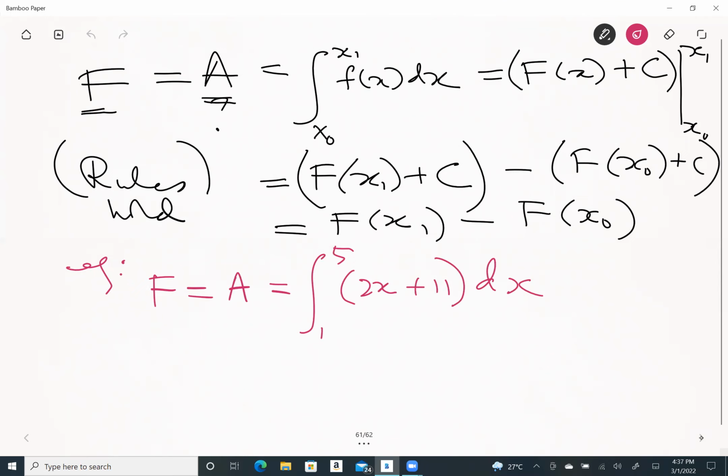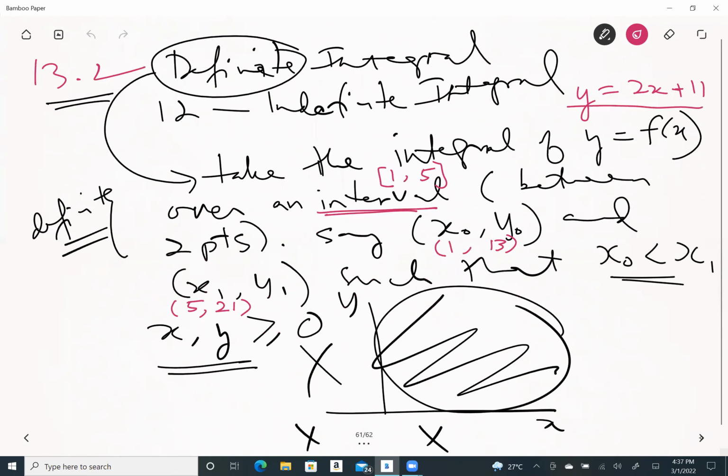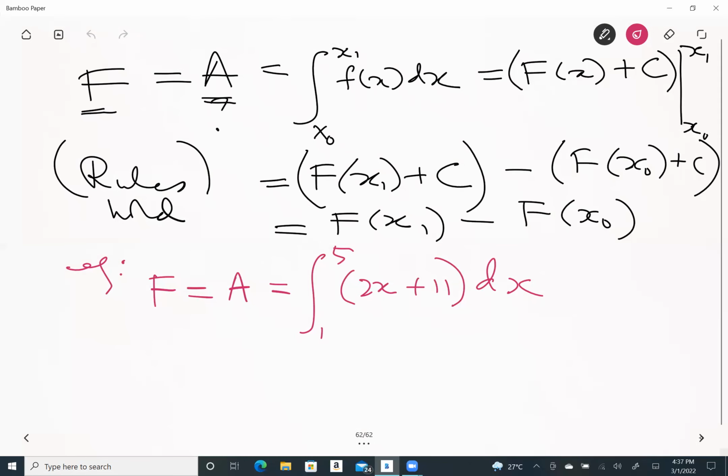So you are given the function 2x plus 11, and you want to take the integral from 1 to 5, just the value of x. You write 1 at the bottom, 5 at the top.